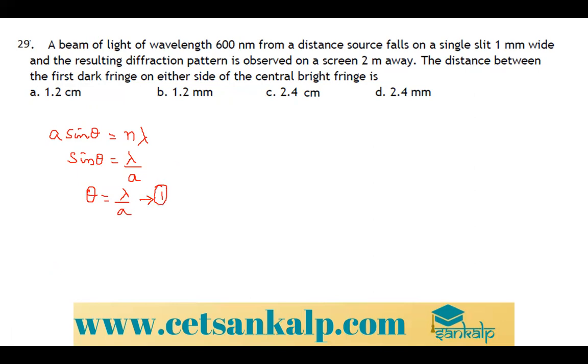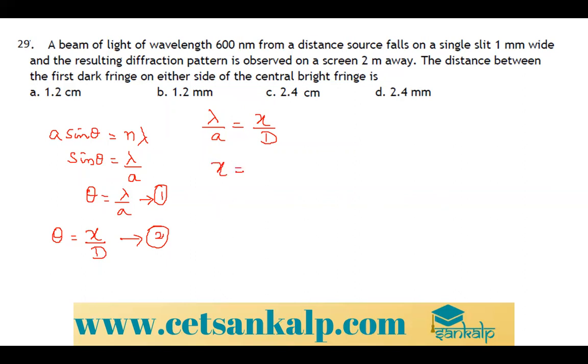Now, according to the definition of the distance, it is given as theta is equal to x divided by d. So this is equation 2. So from 1 and 2, you can write lambda by a is equal to x divided by d. But they've told you to find the x, right?